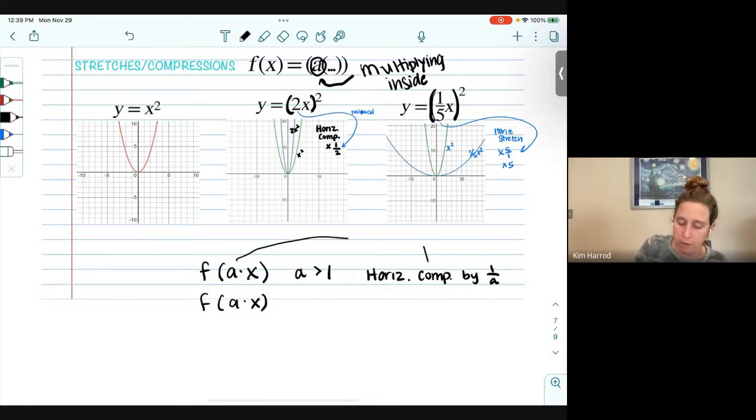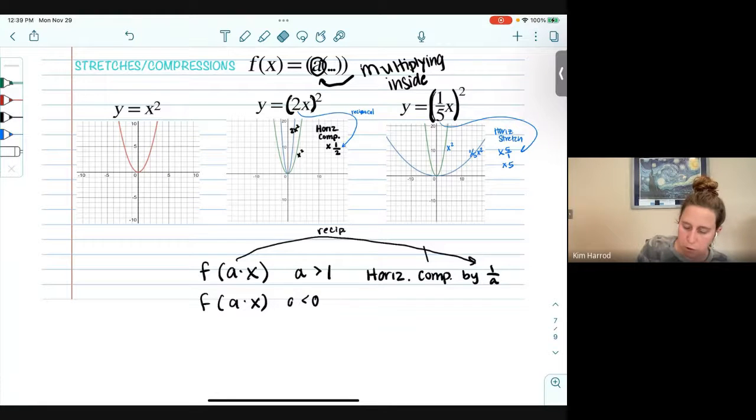Okay, so whatever this is, this right here is the reciprocal. When that a value is between 0 and 1, so you see that fraction there, that comes out as a horizontal stretch.